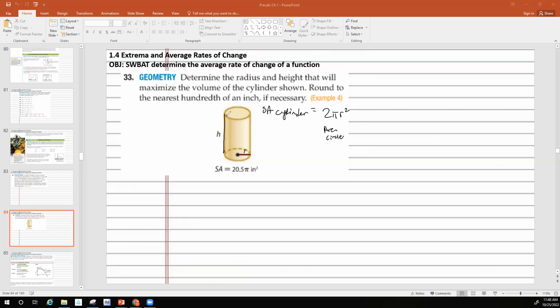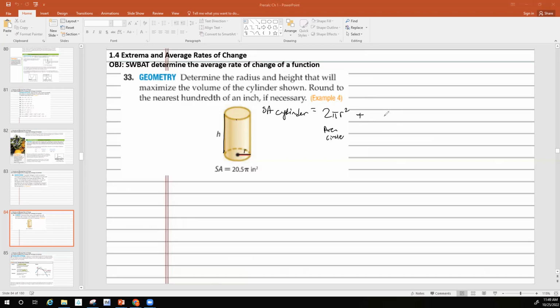Now we need to find the area of the part that wraps around everything. How do you do that? What you want to do is find the circumference, the distance around the circle.